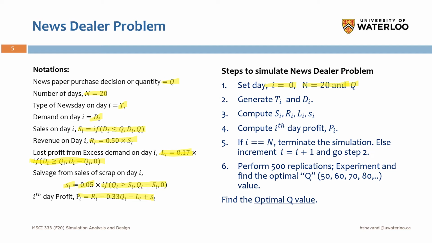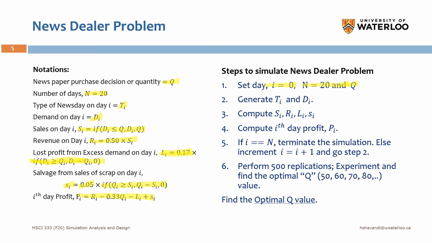So here we assume certain values, discrete values from a discrete set, for Q, and then based on those alternatives that we consider for Q, we can find the one with the higher profit, and then we will consider that one as our optimal solution. But we know that this is not really optimal, right? But we can say that it's a good solution based on our experiment, and that's it.